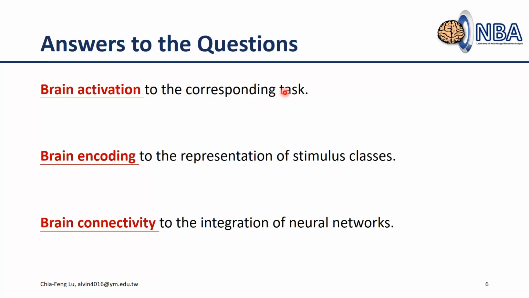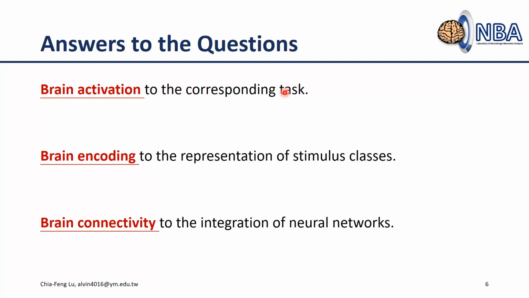If I ask my participant or patient to do a motor task, such as hand grasping, which brain region will activate in response to this kind of motor task? This is a specific question I'd like to ask.